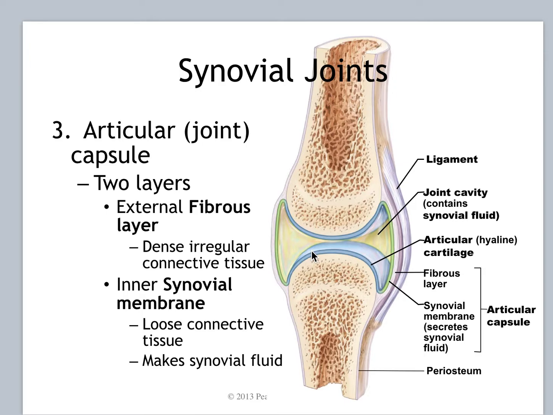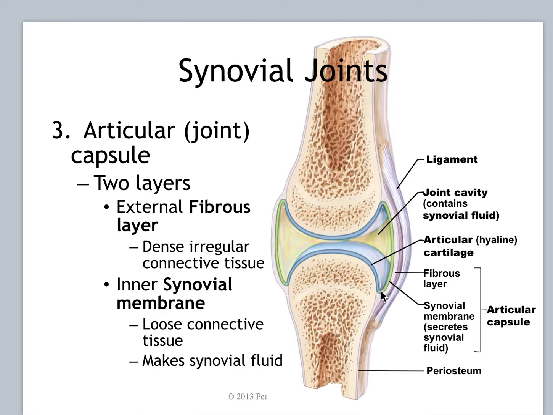The joint capsule is located here. The capsule is composed of an external fibrous layer and an inner synovial membrane. And this is the capsule here. It surrounds the joint.